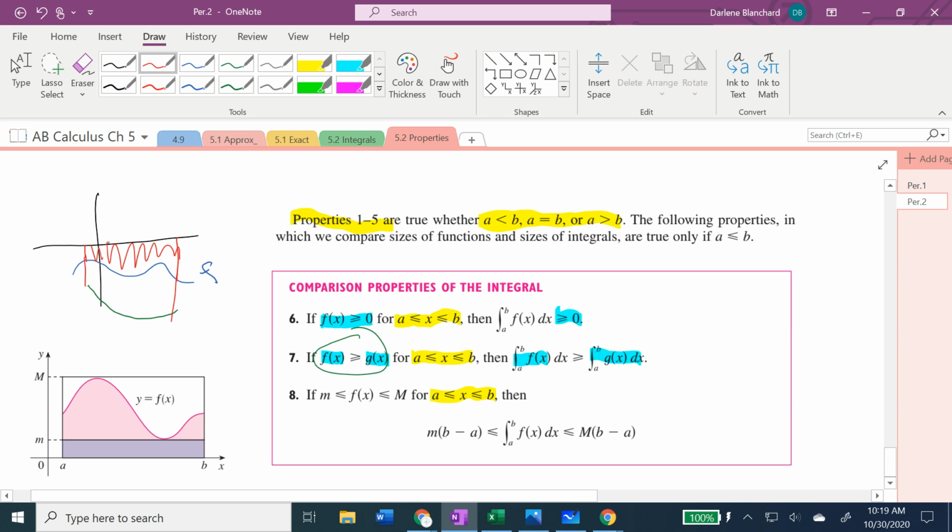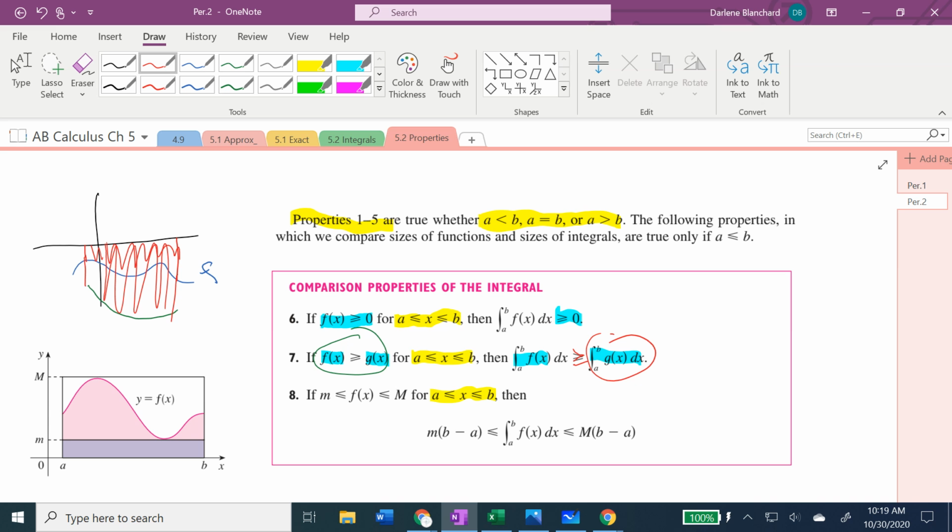If I integrate g, I will get a more negative number. And a more negative number actually means smaller. So basically, if you have one function that is vertically above the other one, its integral has to be larger, as long as you're going in the proper a to b order.